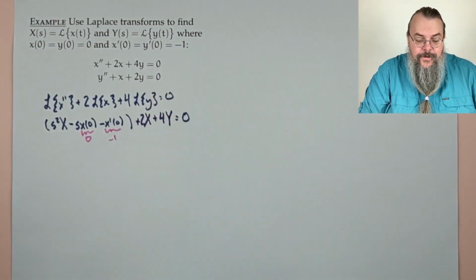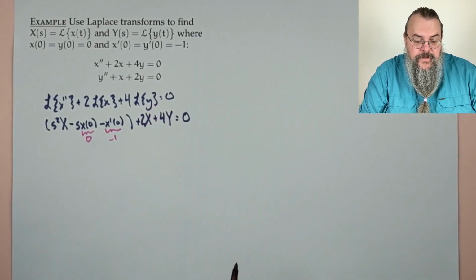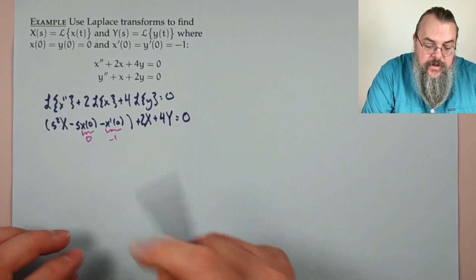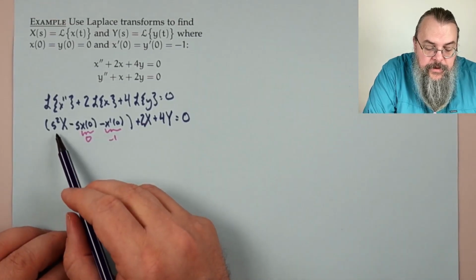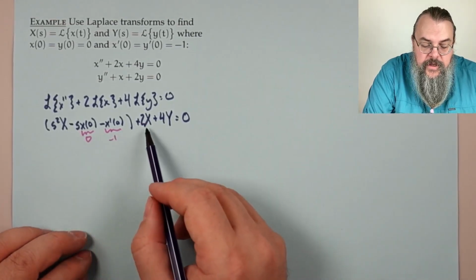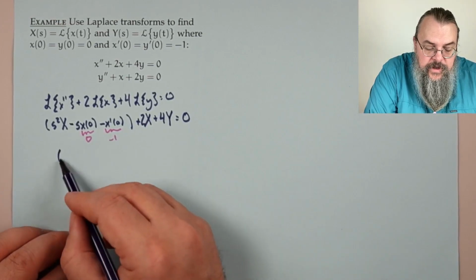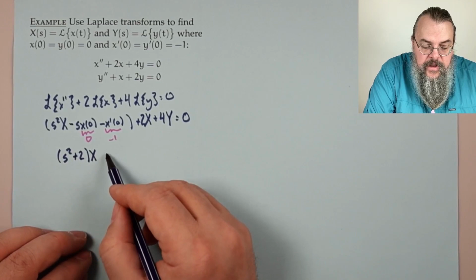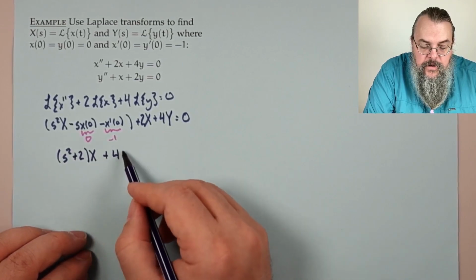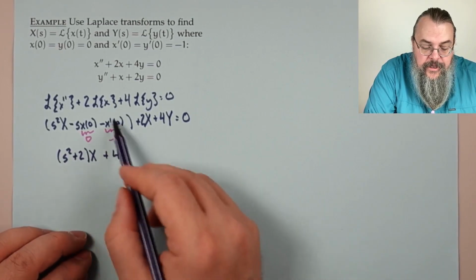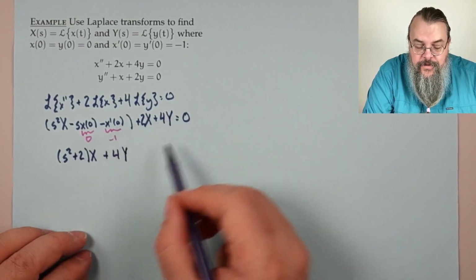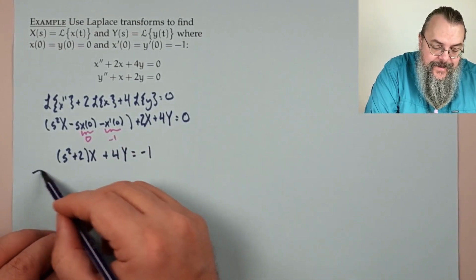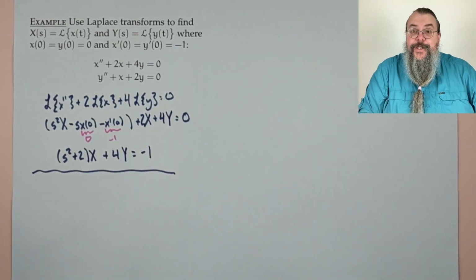All right, we can now clean this up and say, if we group, we have s squared and 2, so we can write this as s squared plus 2x. Then we have 4y, and then here, this plus 1, we can move across as a minus 1. All right, that's from the first equation.